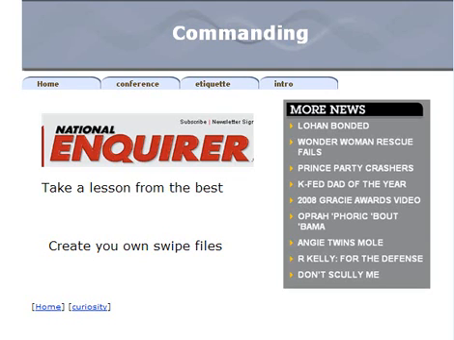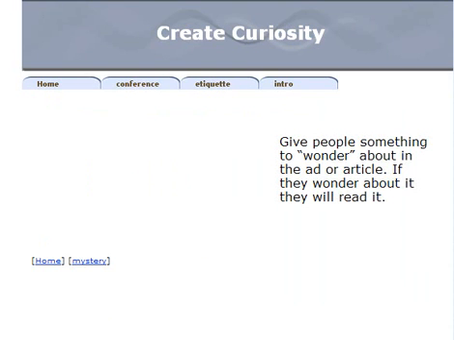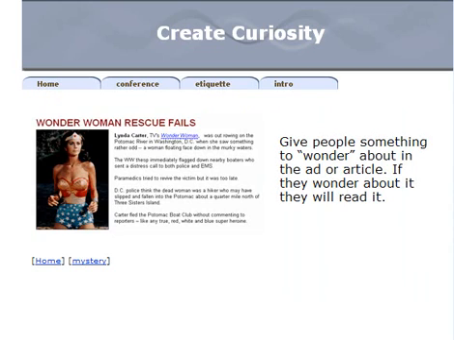I've always been an X-Files fan, so that Don't Scully Me at the bottom got my attention right away. Why? Because they create curiosity in the first place. Give people something to wonder about in an article, and if they wonder about it, they're going to read it.